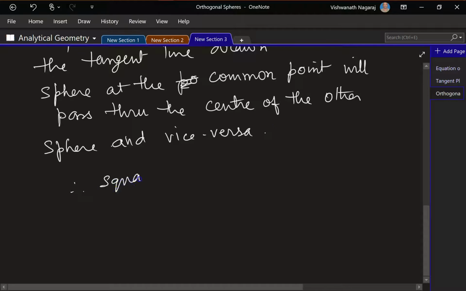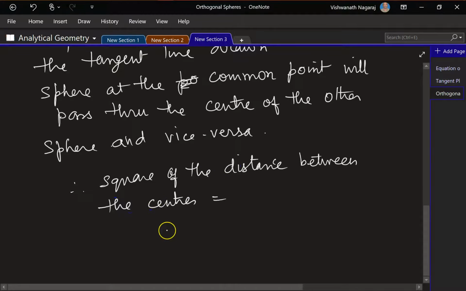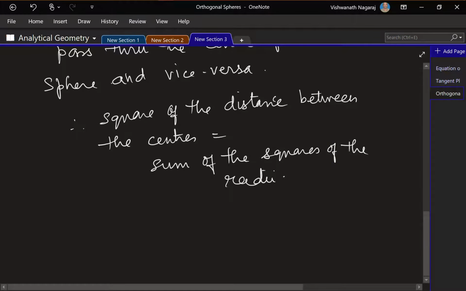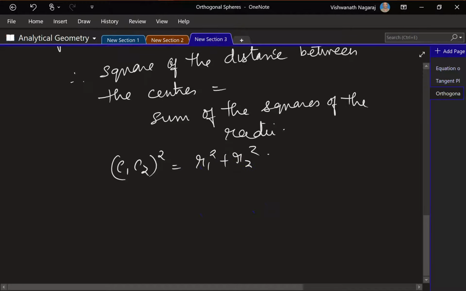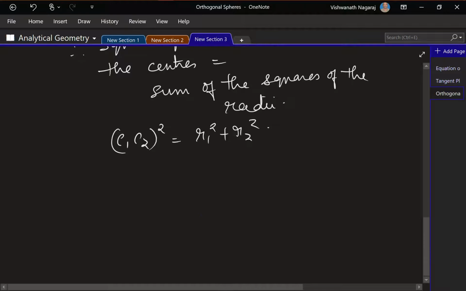So the square of the distance between the centers is going to be equal to the sum of the squares of the radii. So in other words, we can say C1C2 square is equal to R1 square plus R2 square.